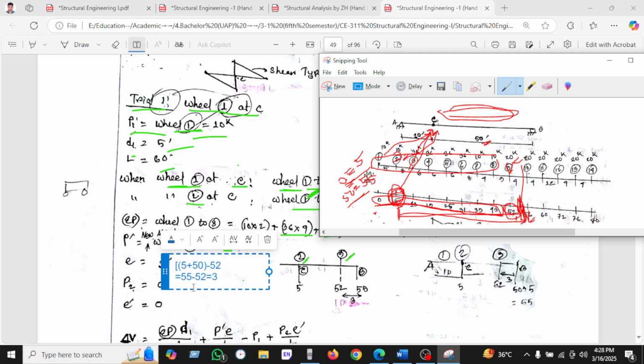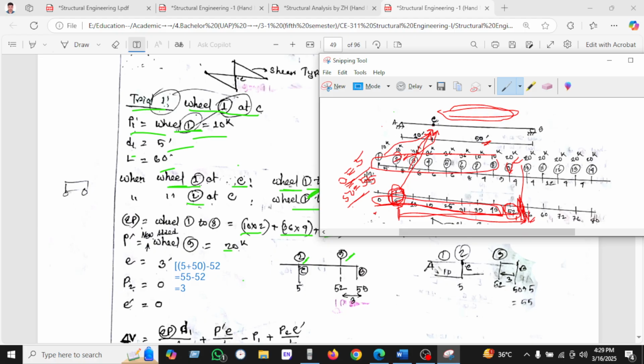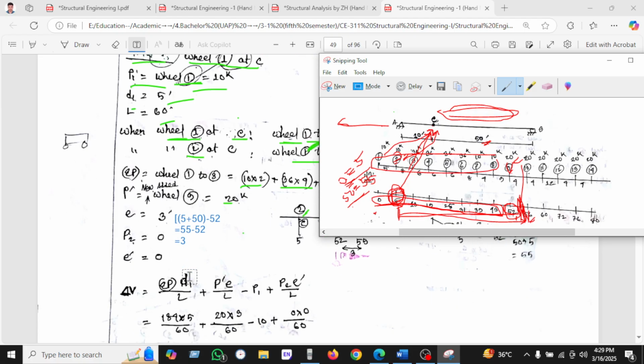So between 55 and 52, the distance is 3. So we have to calculate this. This is the 3. This is point B, and the new wheel. And there is no wheel going out, so that's why it is 0, and e not also 0.